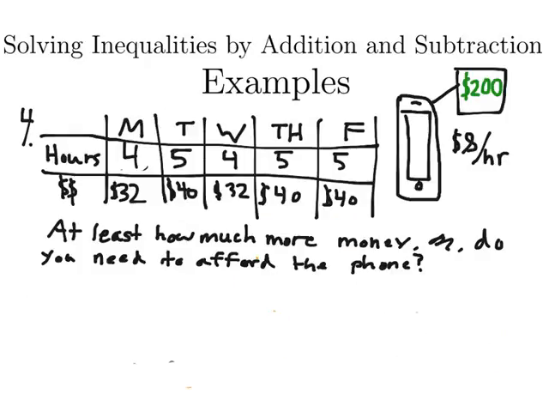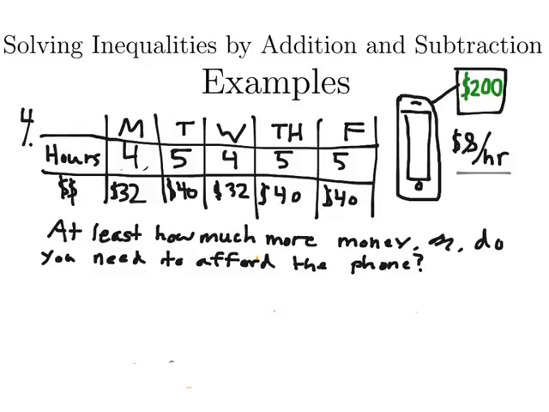For number 4, let's say you work a job making $8 an hour. You want to afford a phone that costs $200, hopefully by the end of the week. So you start your job on Monday, and you work 4 hours, Tuesday 5 hours, Wednesday 4 hours, Thursday and Friday, both 5 hours.